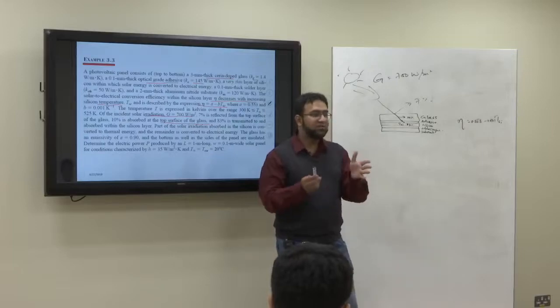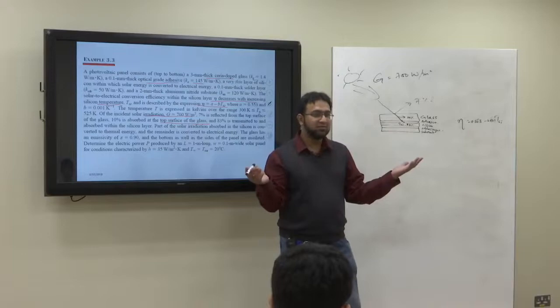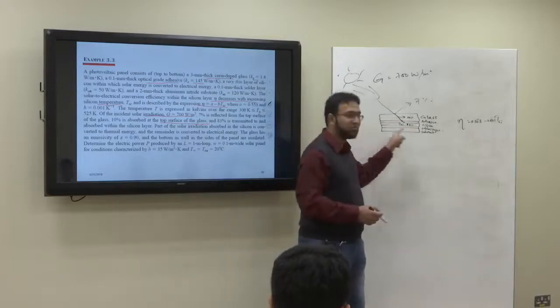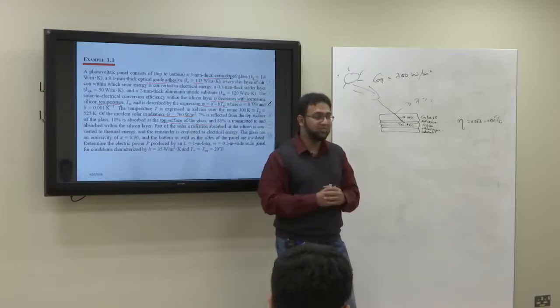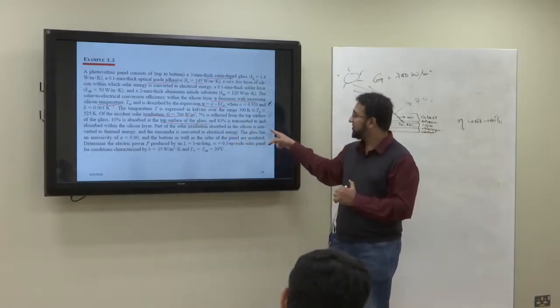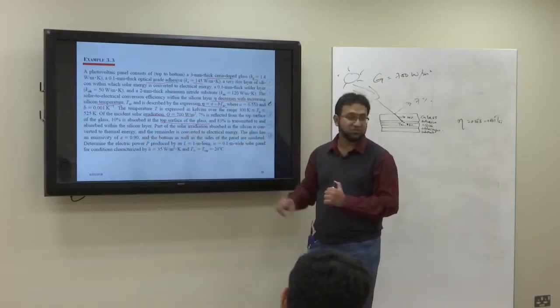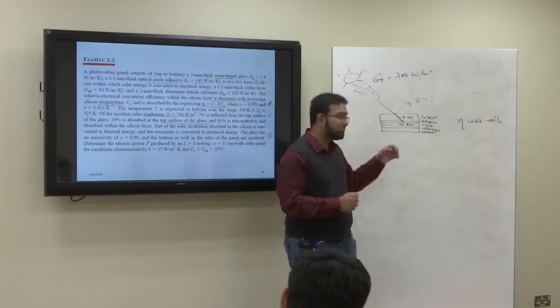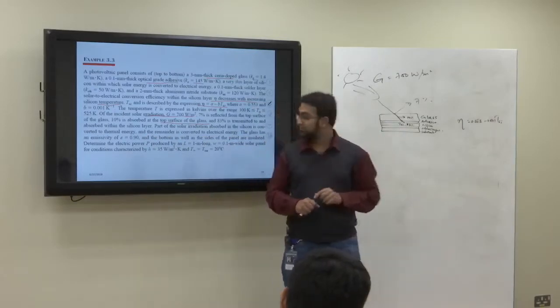So part of it is converted into electrical energy. What happened to the other part? The other part raises the temperature of the silicon chip, so it is converted into heat. Part of the radiation absorbed in the silicon is converted to thermal energy, and the remainder is converted to electrical energy.